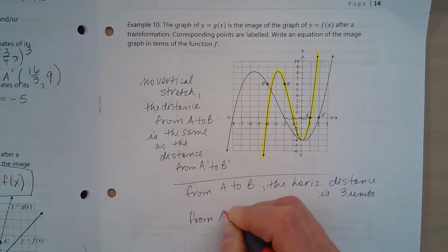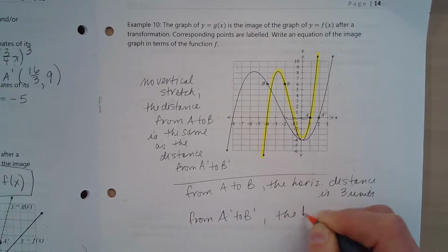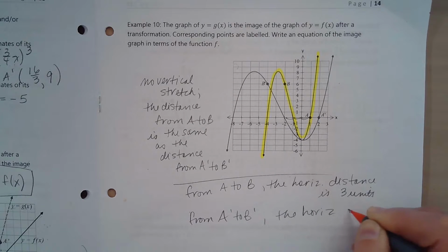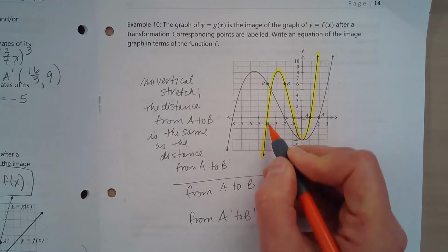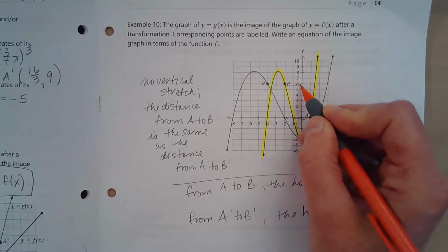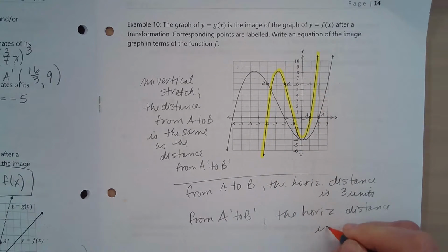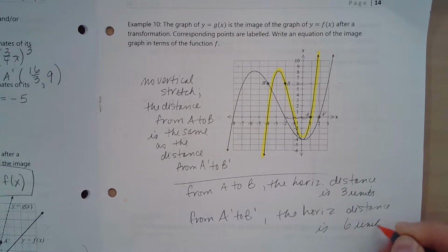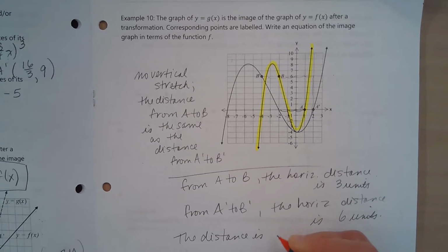From A prime to B prime, the horizontal distance is, I'm going to let someone else tell me. Let's see, here's my B, right? So 1, 2, 3, 4, 5, 6, and that's 6 units. So how do I jump from 3 to 6? The distance is doubled, right? This distance is doubled.